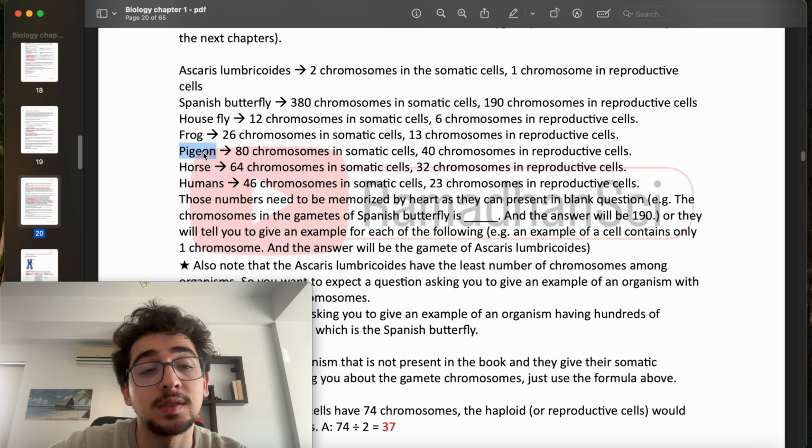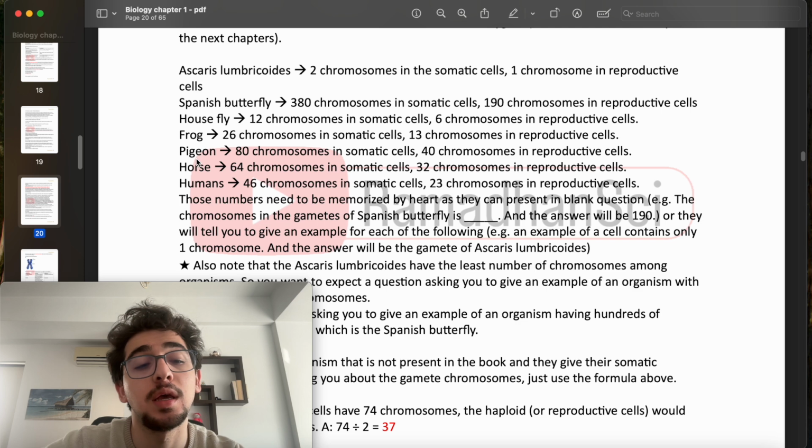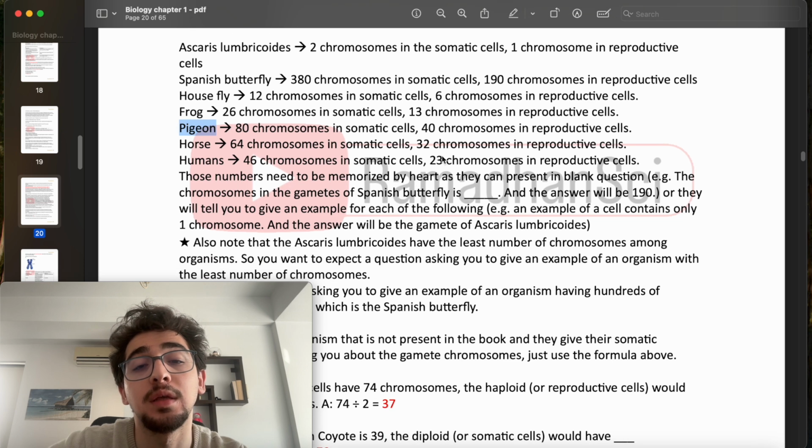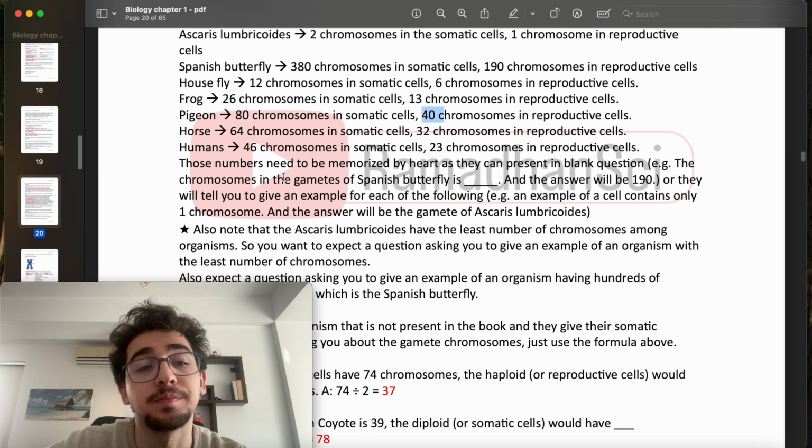For the pigeon, this is important as it showed up in one of the previous copies. They give an example for each of the following, a somatic cell that has 80 chromosomes? And the answer is just the somatic cell of the pigeon. And of course, 80 divided by 2 is 40 in the gametes. The horse has 64 and 32.